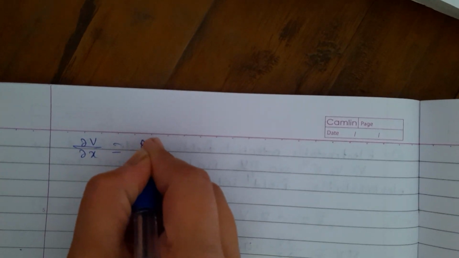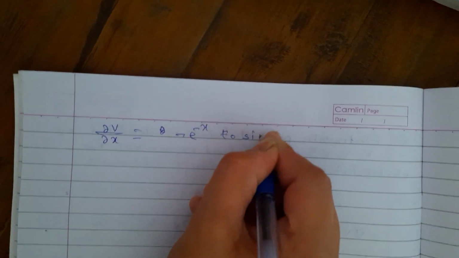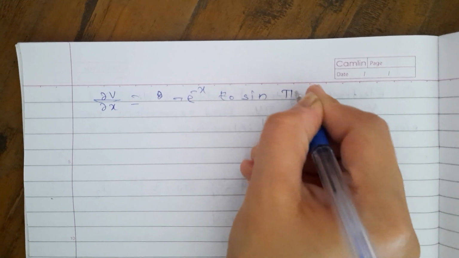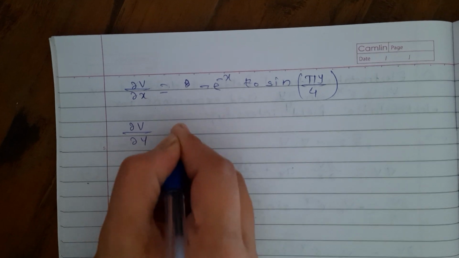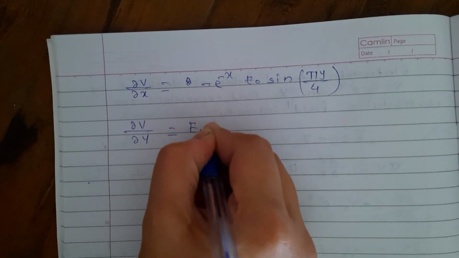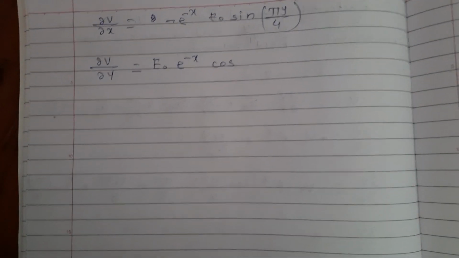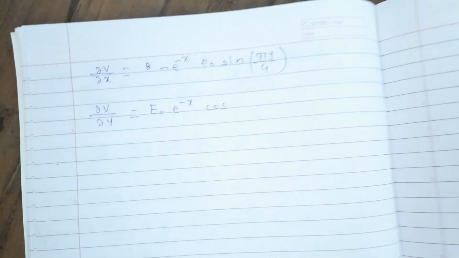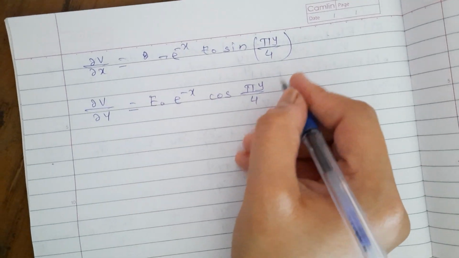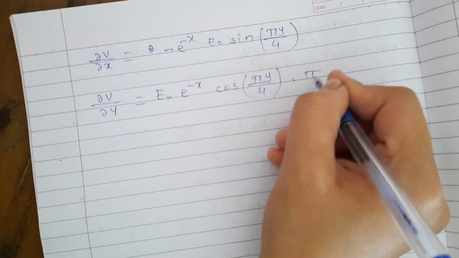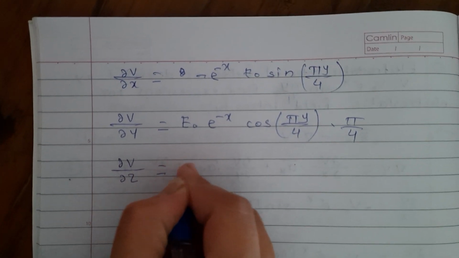So it is minus e raised to minus x E0 sine of πy by 4. dV by dy is E0 e raised to minus x cos of πy by 4 into π by 4, and dV by dz, as the z term is absent, is 0.